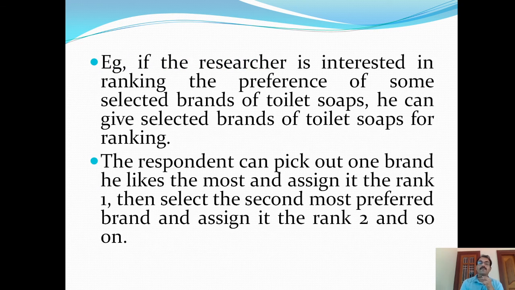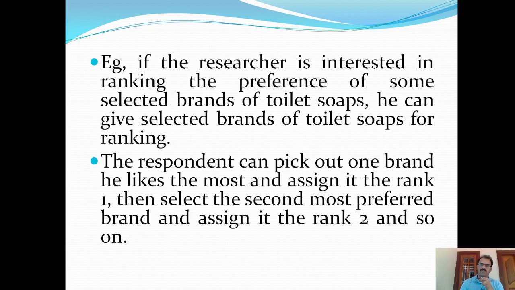For example, if the researcher is interested in ranking the preference of some selected brands of toilet soaps, he can give selected brands of toilet soap for ranking. 5 or 6 toilet soaps may be given for ranking. The respondent can pick out one brand he likes the most and assign it the rank 1.